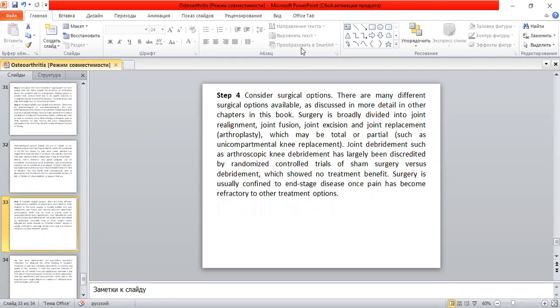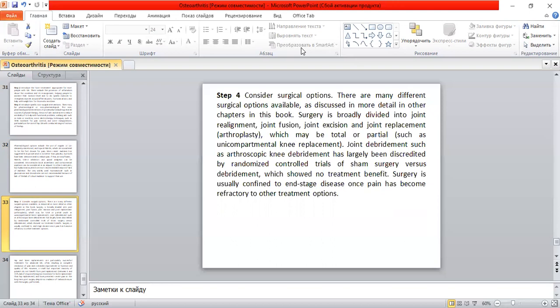Step 4. Consider surgical options. There are many different surgical options available, as discussed in more detail in other chapters of the book. Surgery is broadly divided into joint realignment, joint fusions, joint excisions, and joint replacements, which may be total or partial.